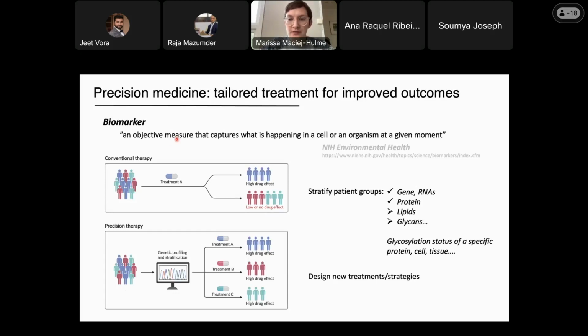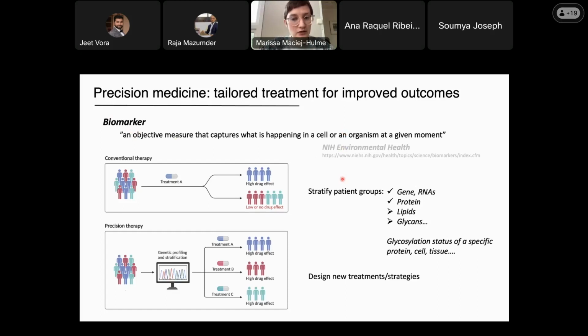It relies on the identification of biomarkers, predominantly, and these are, throughout disease, important snapshots to understand the progression and the response of therapies, but it also gives you an overview of what's happening in the cell or an organism at any given moment.